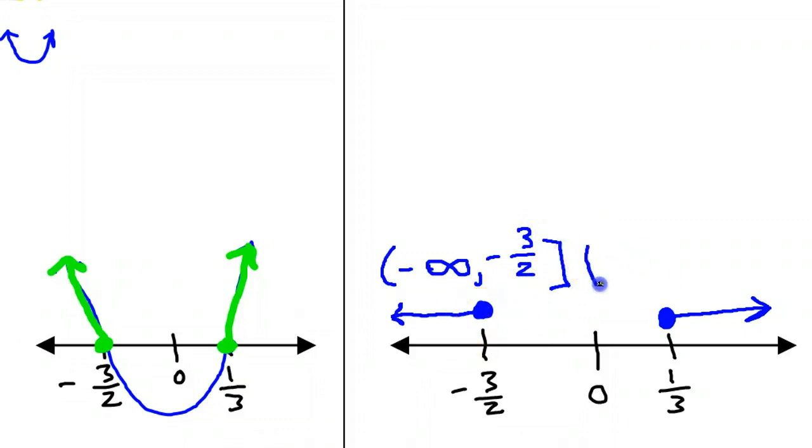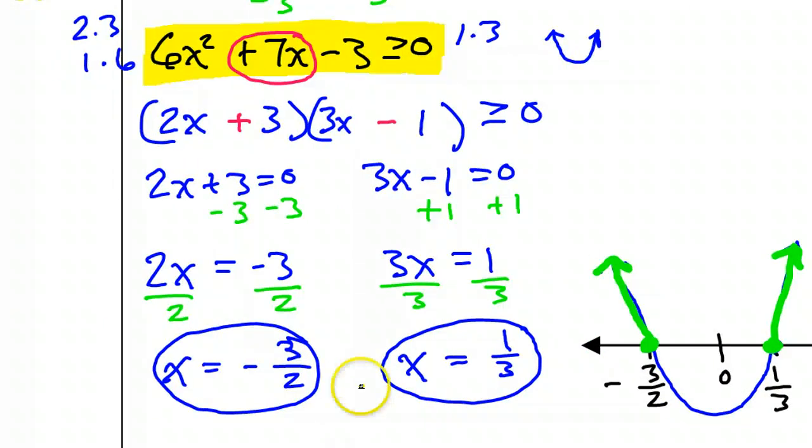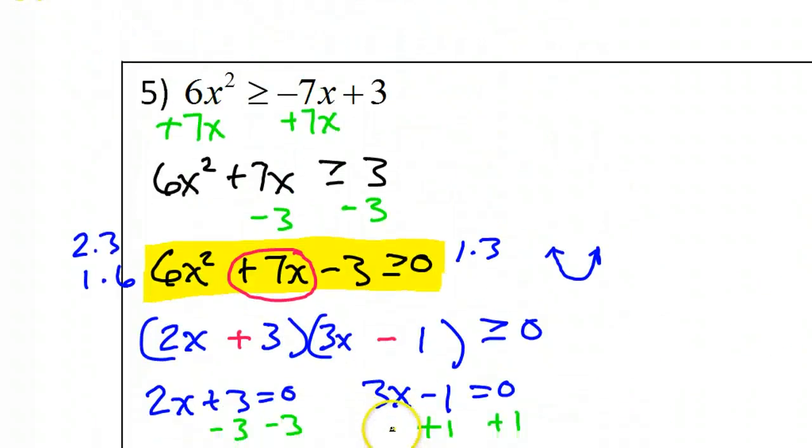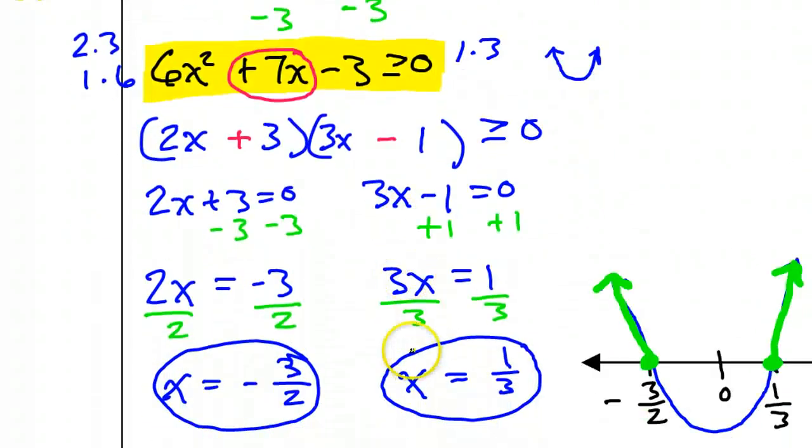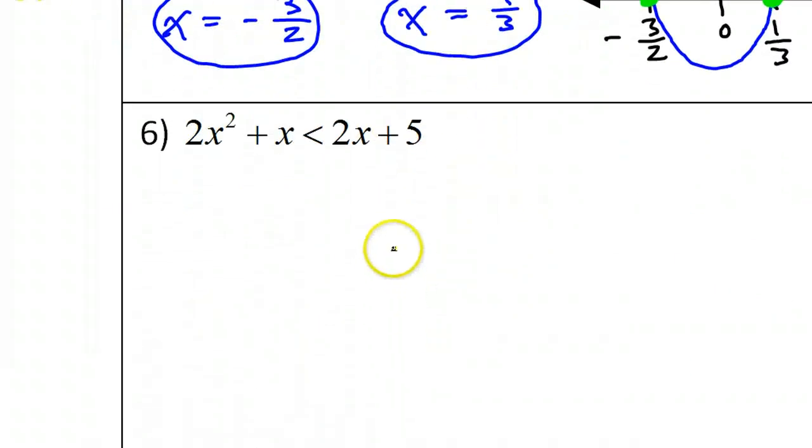And then we'll go union, and then this one goes from 1/3 to +infinity. So square bracket 1/3 to infinity. Okay, so this is the answer to problem number 5. Okay, that's problem number 5. Okay, let's go ahead and do problem number 6.